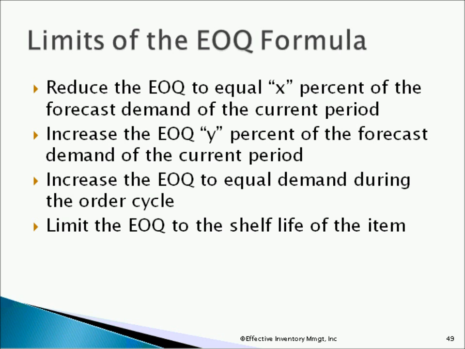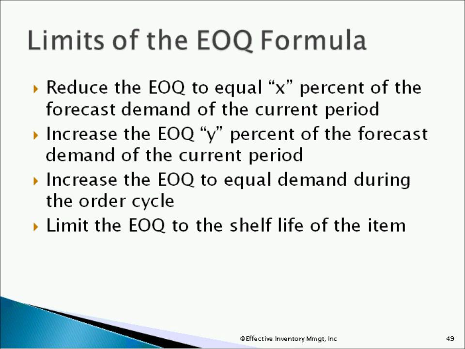If the EOQ represents a very large number of days supply, if you have a very inexpensive, slow-moving item, maybe an item that costs 6 cents and you sell 6 per month, the EOQ might suggest you buy a 10-year supply. A good computer system will reduce that to, we like to say, no more than a 6-month supply.